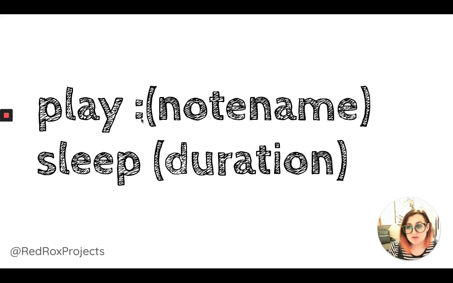I've put a colon here because if you're going to use a note name like C, D, E, F, G, the notes within a musical scale, don't worry if you don't know them, you don't need to. You need to put the colon beforehand. You can also give this command a MIDI note value and frequency too. You can also, on the one below, sleep is like a rest, and for the rest value, you just give it a number for how long you want it to rest for. But I'll show you those both now.